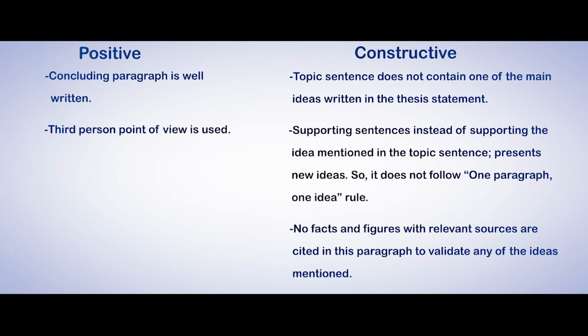Then, no facts and figures with relevant sources are cited in this paragraph to validate any of the ideas mentioned. Remember, in an expository essay, it's very important to validate the information that you provide. So you have to have sources and evidence, and it's not done in that body paragraph.